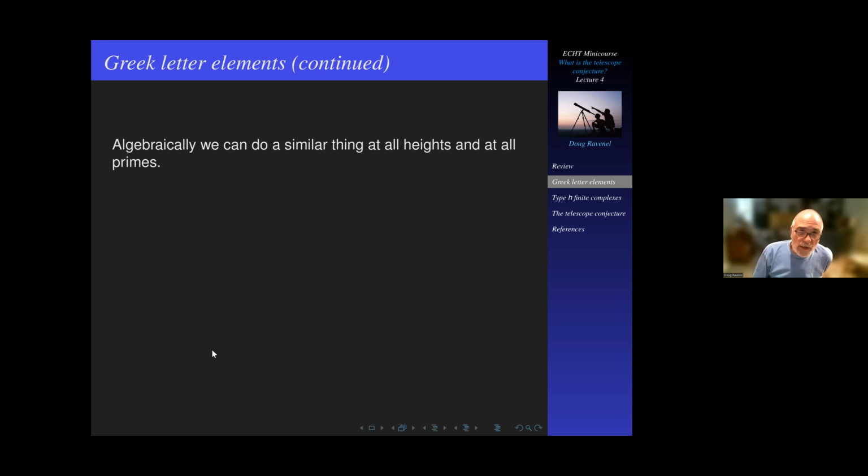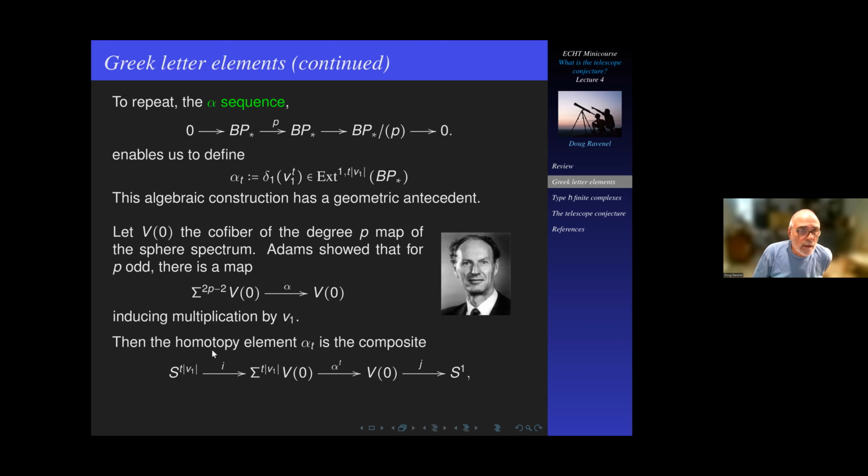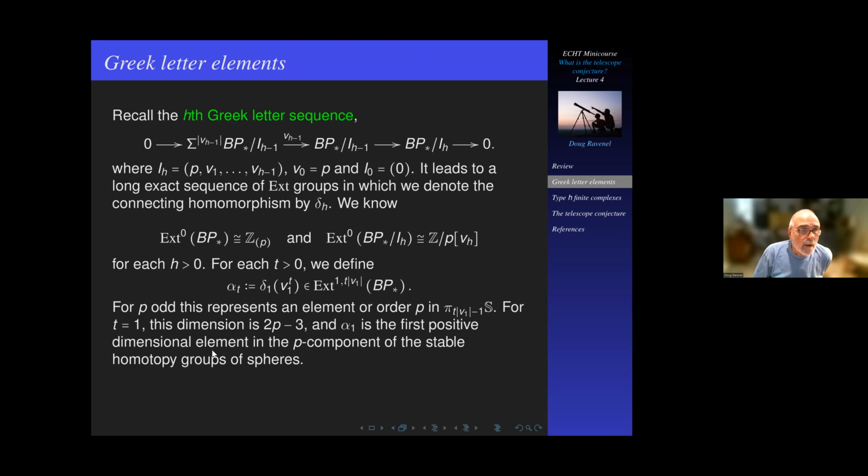Now, algebraically, you can do a similar thing at all heights and at all primes. I mean, you have those short exact sequences that I mentioned at the beginning. Let me go back here. This is what I'm calling the Greek letter sequence. You have these short exact sequences for all values of h and all primes p. So you can compose the connecting homomorphisms to get from Ext 0 of this group to Ext upper h of BP star.